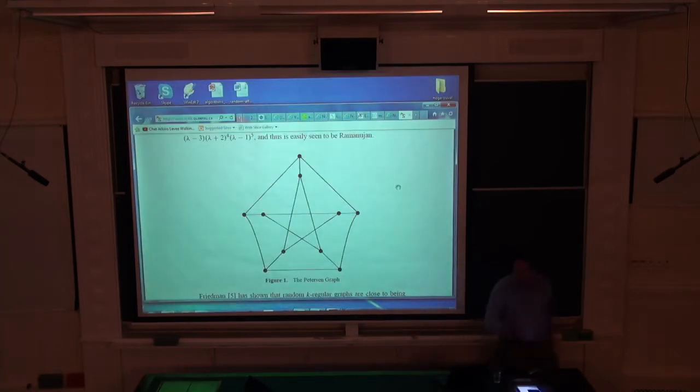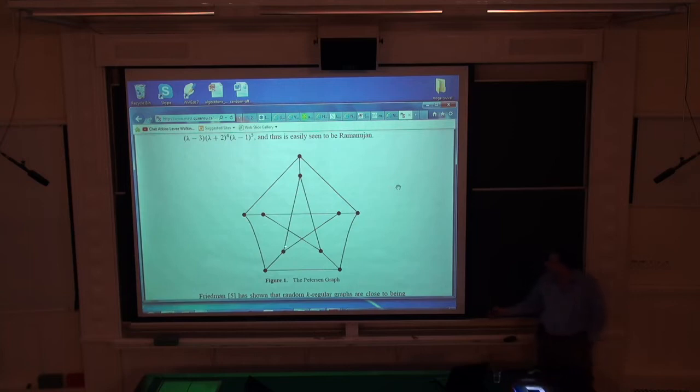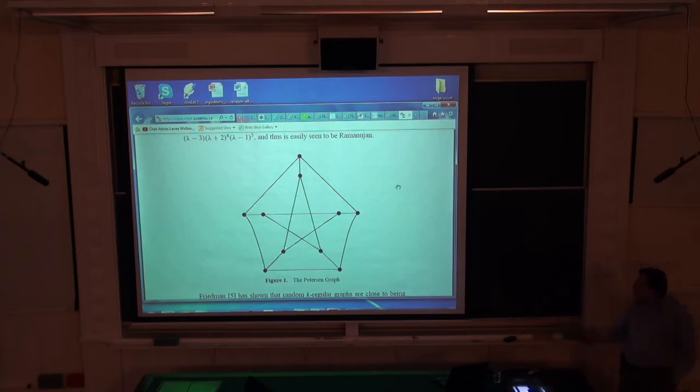Recall this is the Petersen graph, a small 3-regular graph. And the Petersen graph you can explicitly check. This is the characteristic polynomial, so you can see all the eigenvalues here and easily verify that this is Ramanujan. But this is just a small graph.